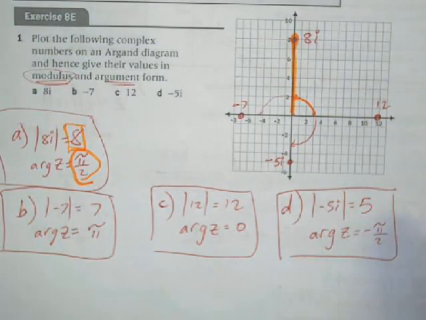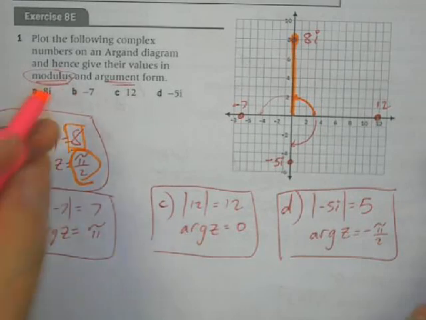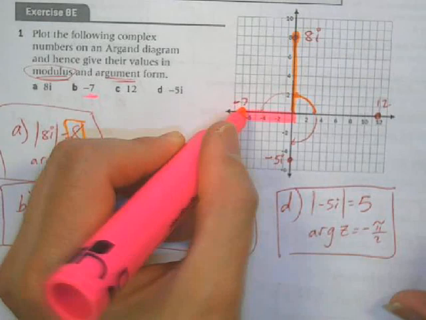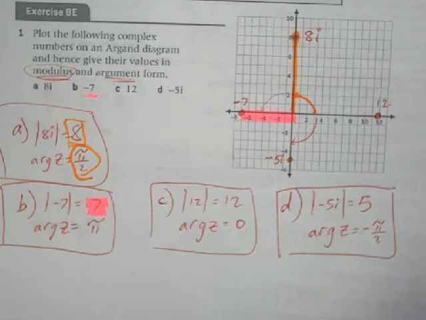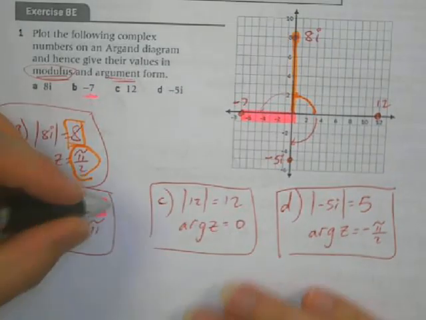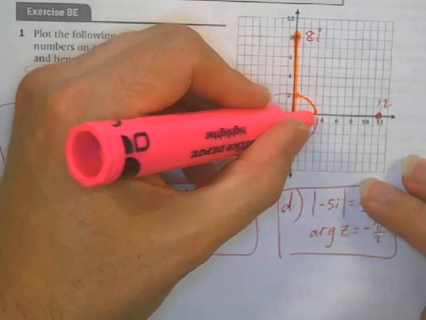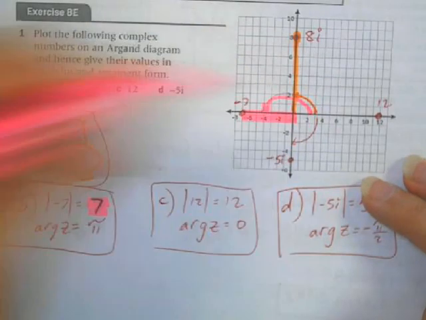Let's look at a different one. -7. So to go from here to here, the modulus is going to be 7. And the argument, the angle that goes from here all the way to there, is going to be pi.